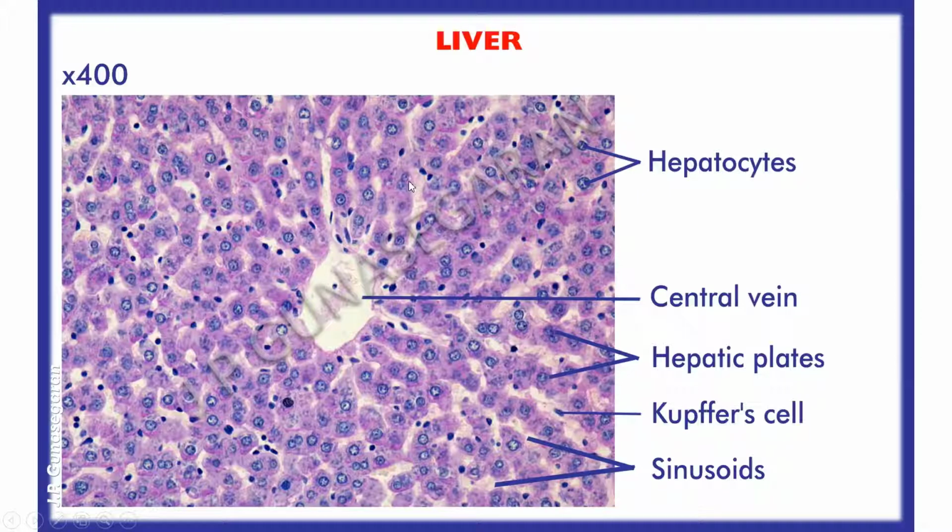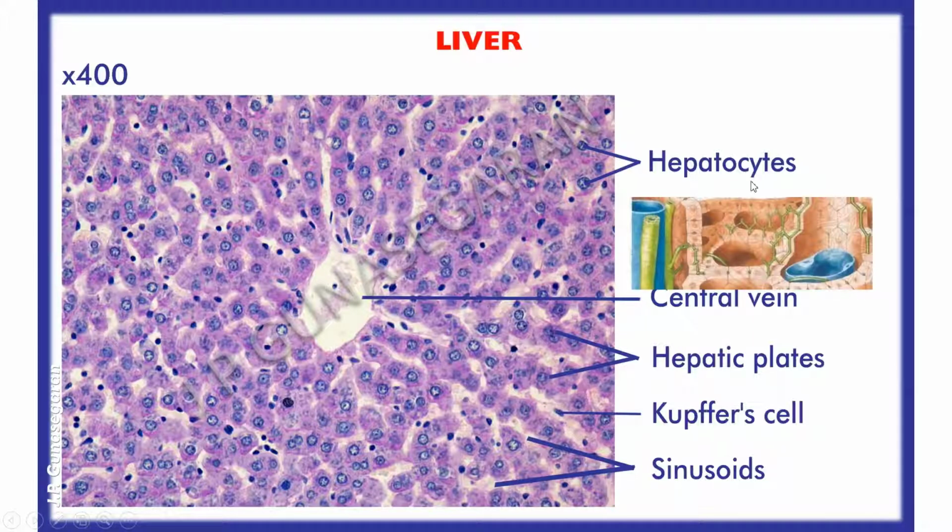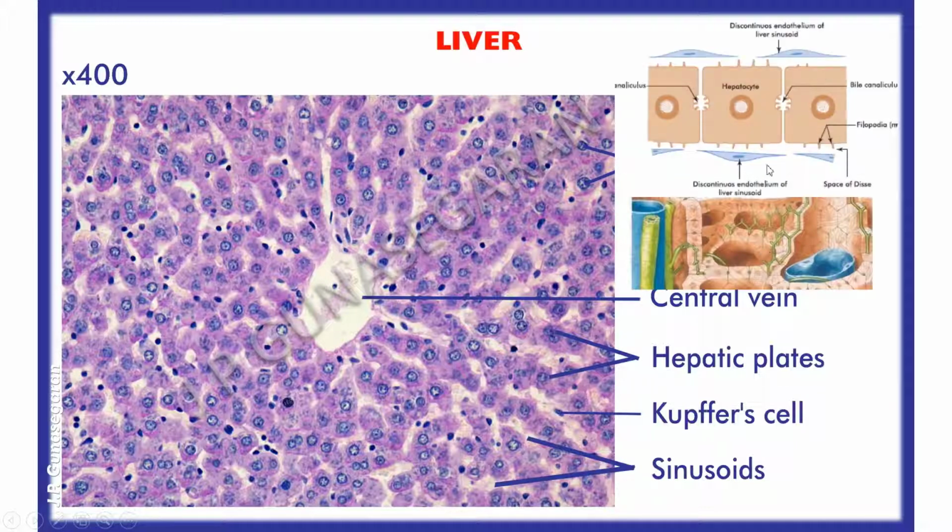One of the main functions of hepatocyte is to synthesize and secrete bile into the bile canaliculi. Bile canaliculi are seen as hexagonal network of intercellular space around each hepatocyte in the plane of the hepatic plate and is bounded by plasma membrane of adjacent hepatocytes.